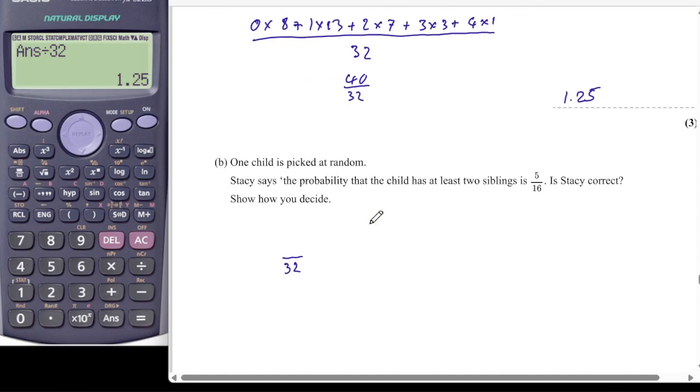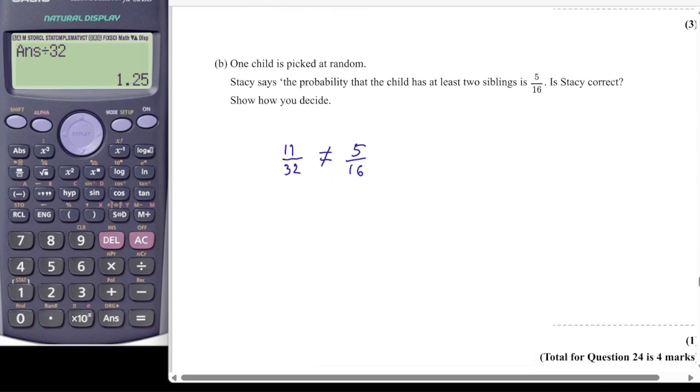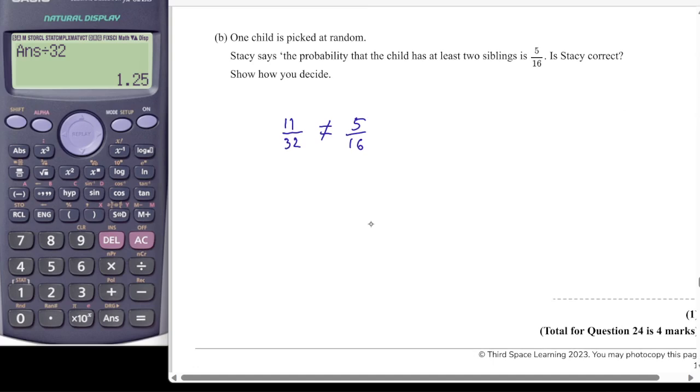So we would be looking at 11 over 32, which doesn't cancel down. So is she correct? I would say no. 11 out of 32 is not equal to 5/16. Is Stacey correct? No.